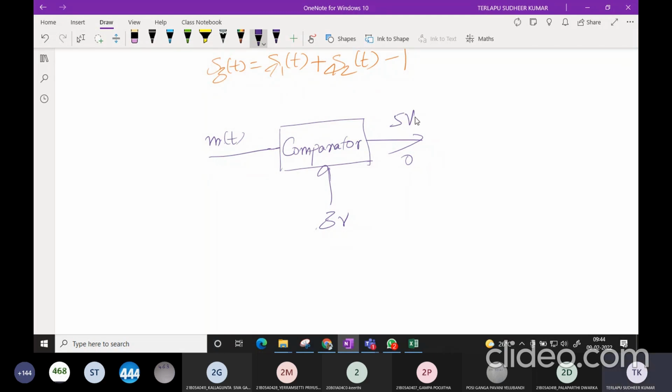Yes. So I'll get logic 1 or its equivalent 5 volts when M of t is greater than the threshold, that is 3 volts. And I'll get logic 0, or simply 0 volts, when M of t is less than 3 volts. Assume M of t is 2.5 volts, then what is the output voltage?